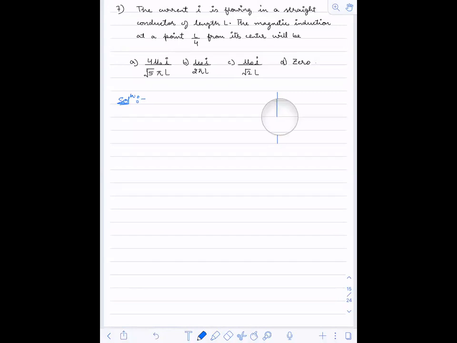This is a wire of length L, and the point is at L by 4 distance. At point P, we have to calculate the magnetic field. The current is I and the length of the wire is L.